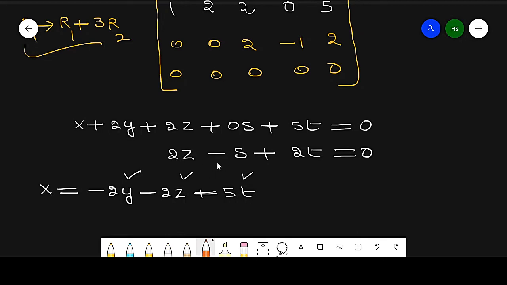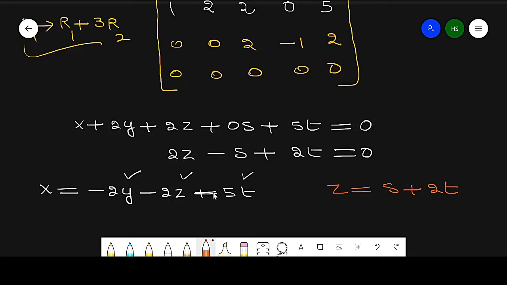Now this z depends upon two variables s and t, which is s plus 2t. So z depends upon s and t, and x depends upon these three variables y, z and t.